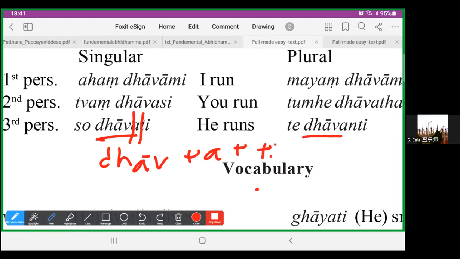So dawa plus anti. You know dawa is the base. So dawa plus si, dawa plus mi, dawa plus ma. In this way, you train yourself to recognize the verbal base, which is made of root da plus a plus t. The conjugation sign is a, which is the first root. Okay, you write in your book. Sometimes I give you time so you can write.